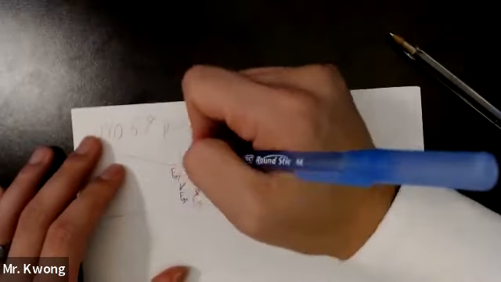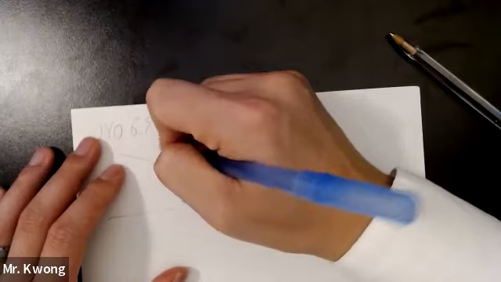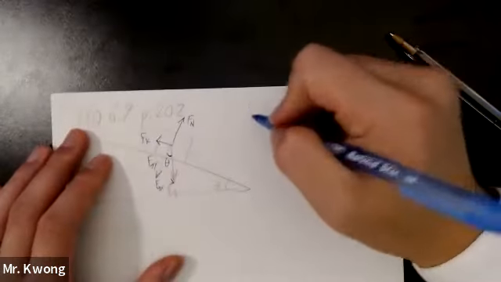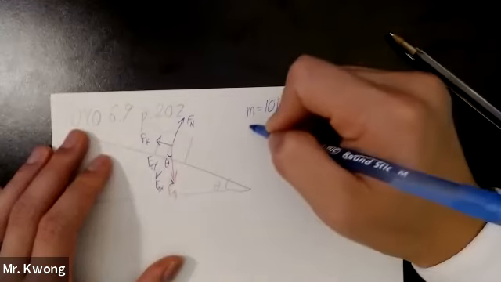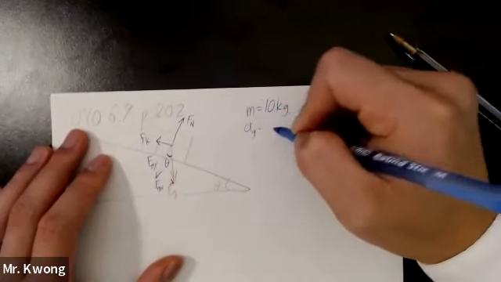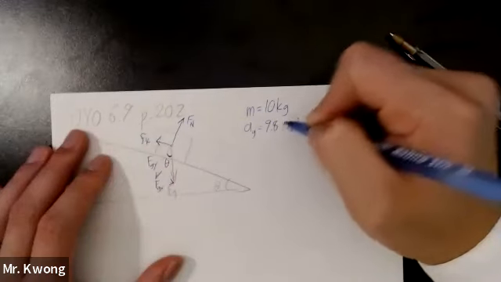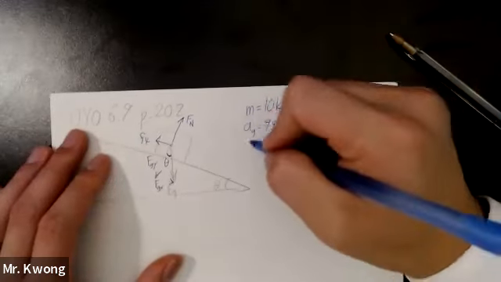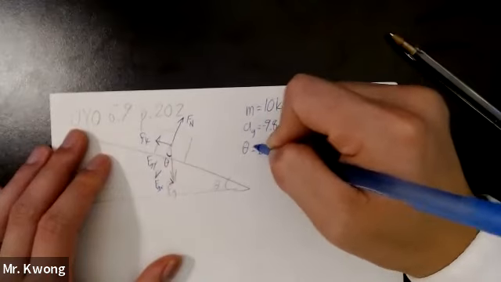And we are told that there is some kinetic friction as well. The mass of this object is 10 kilograms. The acceleration due to gravity is 9.8 meters per second squared in the negative direction. The angle is 22 degrees.